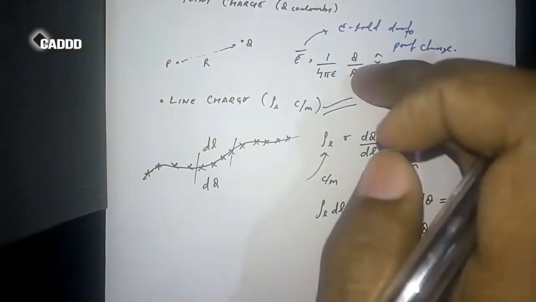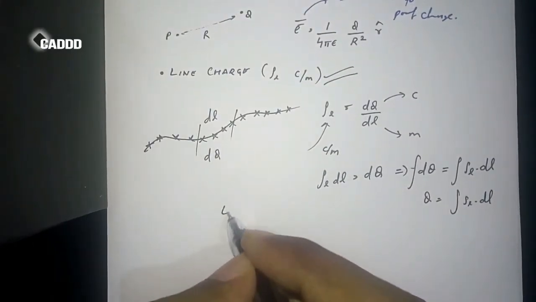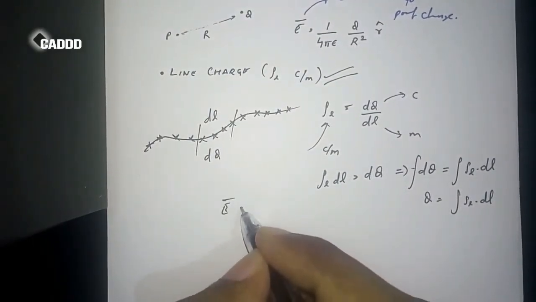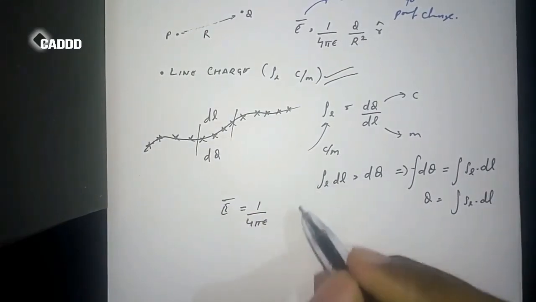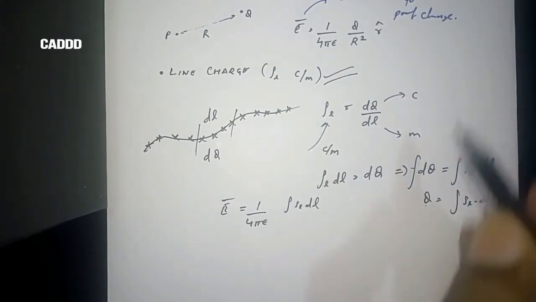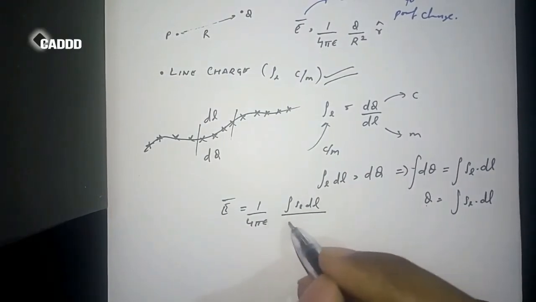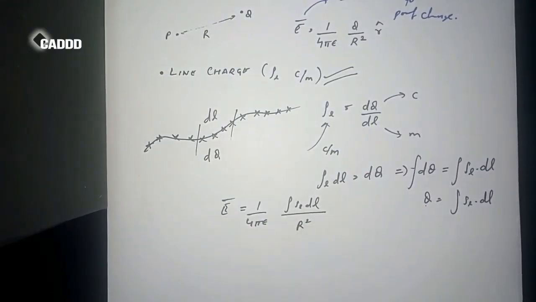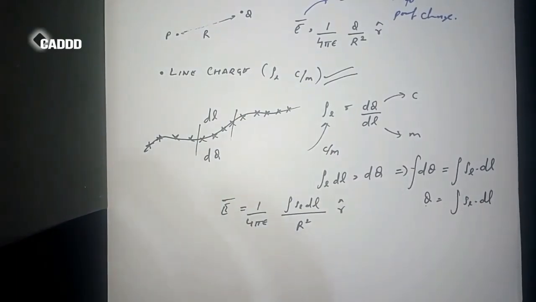Now we put this value of q in the electric field formula, and we get the electric field as 1 by 4 pi epsilon, rho L dl, because we are writing this instead of q, by r square, and it has direction also, which is r cap.